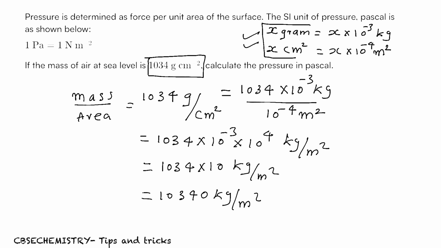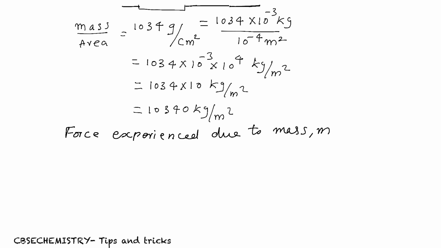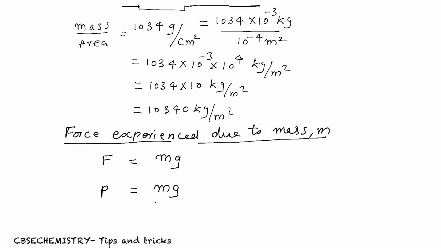So we got just mass per area. Our target is to find what? Pressure in Pascal, right? What is force experienced due to mass m? Force experienced due to mass m is mg. We call it as weight, right? Now what is pressure? Pressure is equal to force by area, correct?